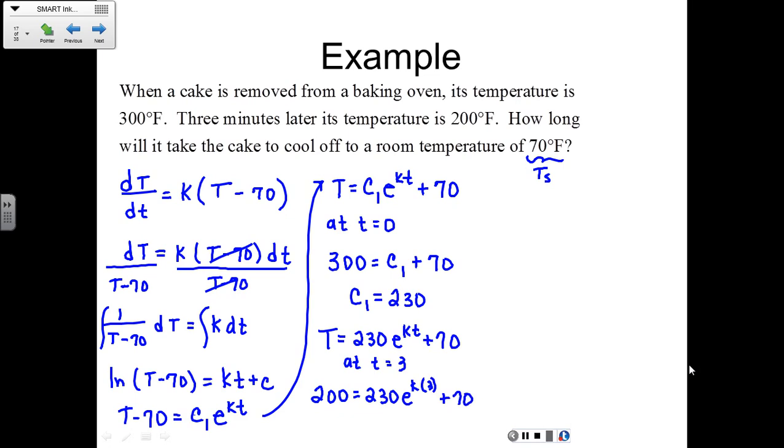I want to solve this equation for k. Algebraically, what I need to do here: subtract 70 from both sides, so that's 130 equals 230 e to the 3k.